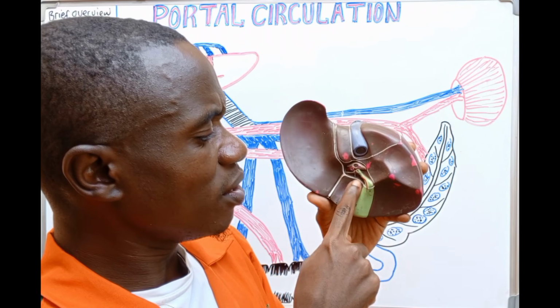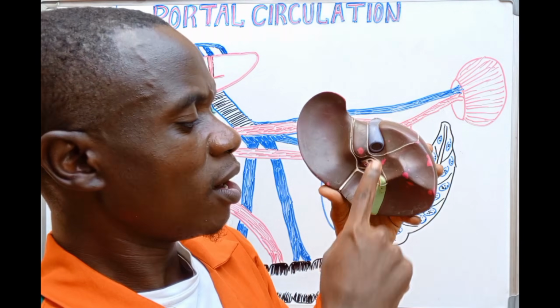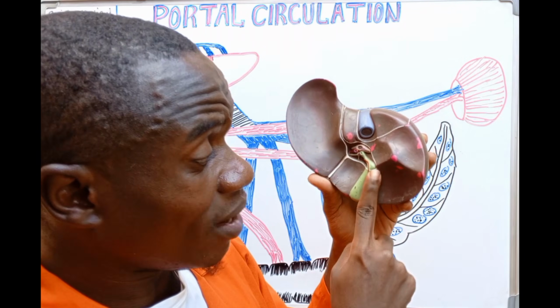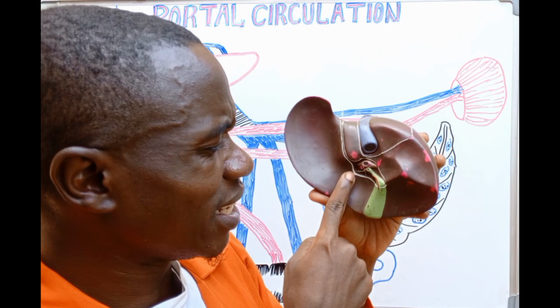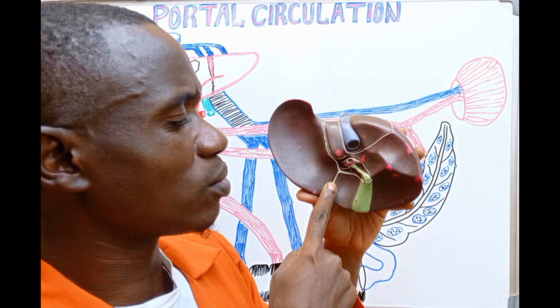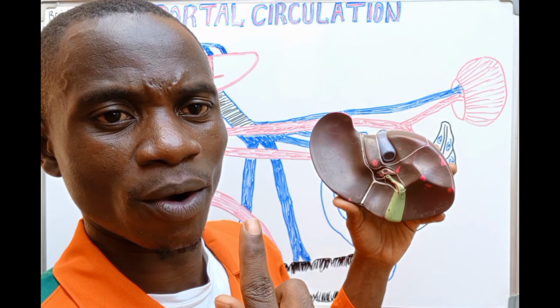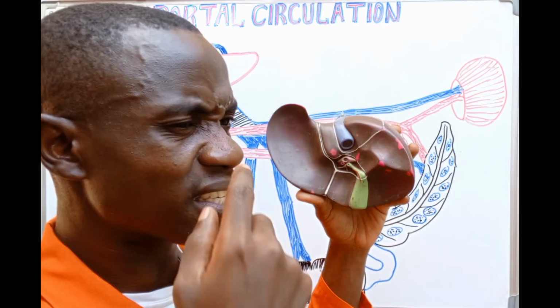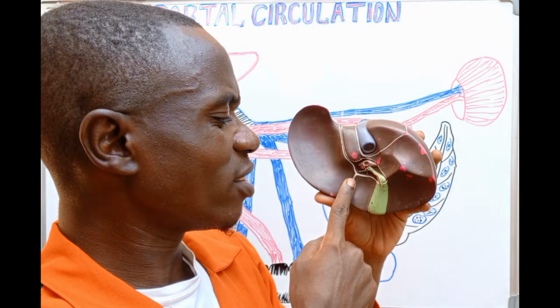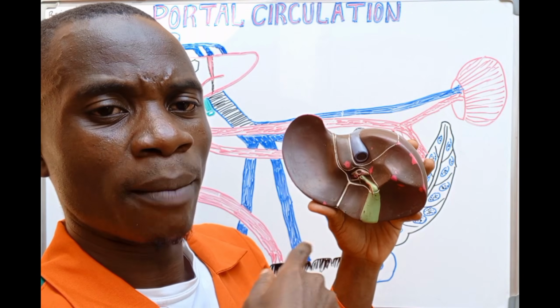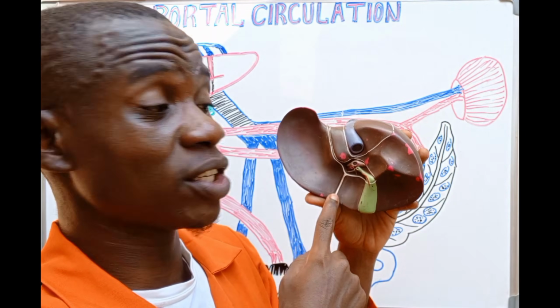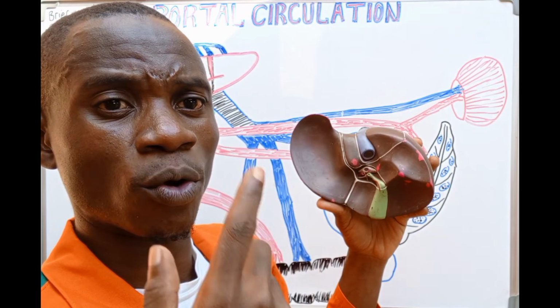Then when we come down here, we also have another lobe. It is located between the gallbladder, this green structure, and this ligament here. This ligament is the ligamentum teres, or some people call it the round ligament. It is a remnant. During fetal life, you used to have the umbilical vein passing here, but when a baby is born, it becomes fibrotic tissue, which we call the ligamentum teres or round ligament.